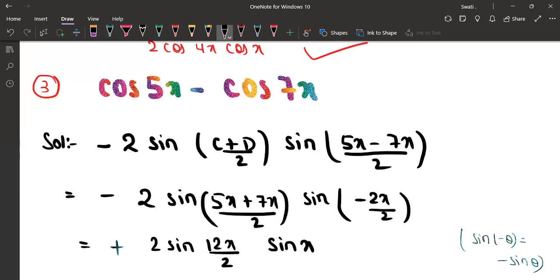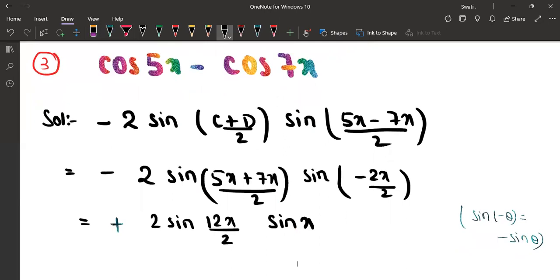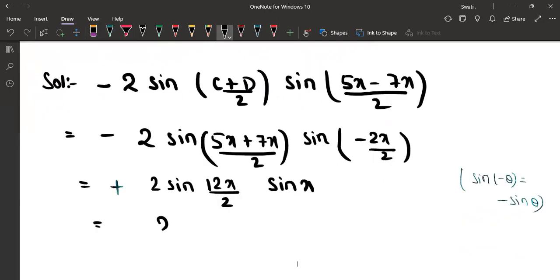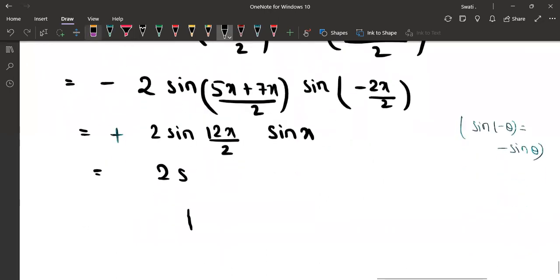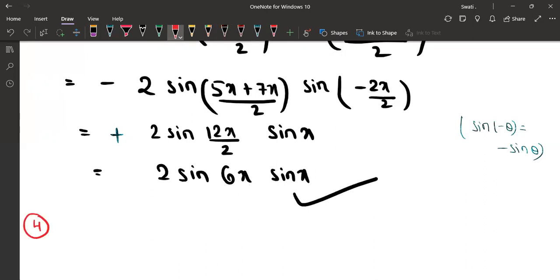Now we are getting 2 sine, 12 divided by 2 is 6, so 2 sine 6x and then sine x, right? And that's the answer.